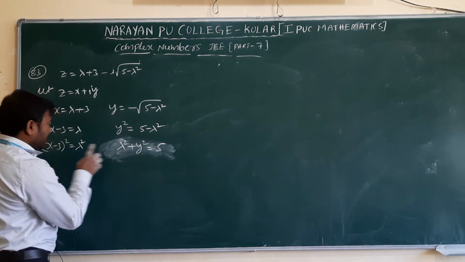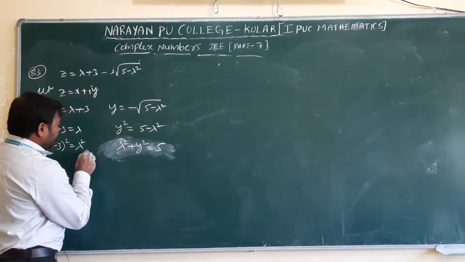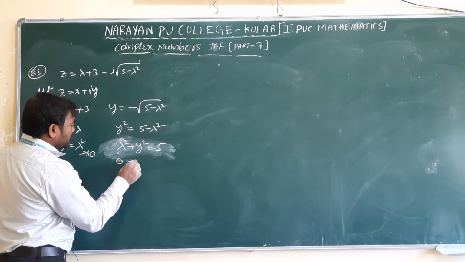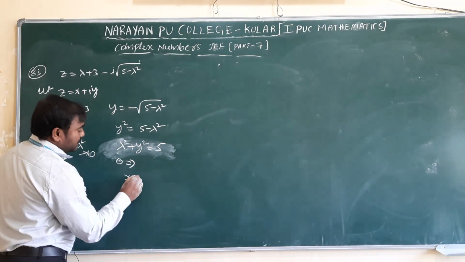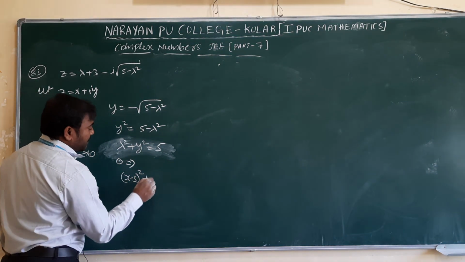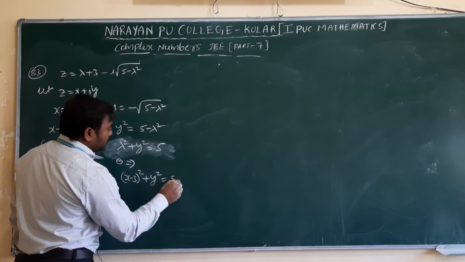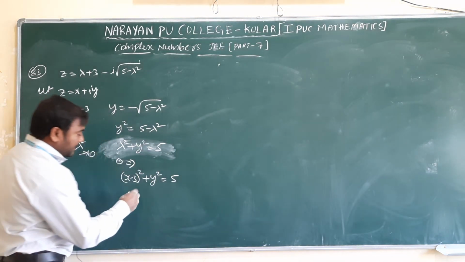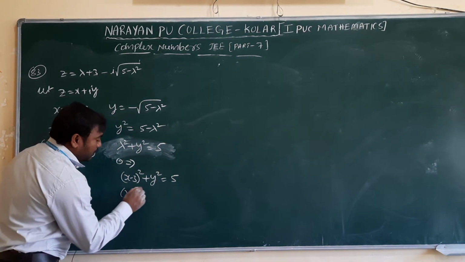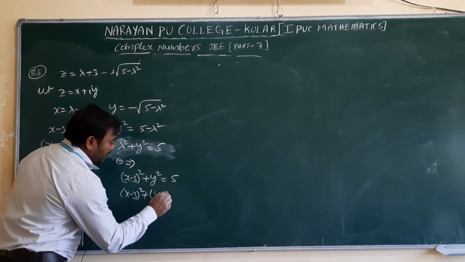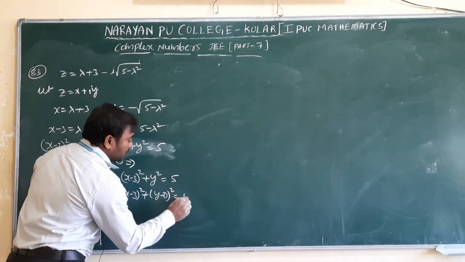But we know lambda square is x minus 3 whole square from the first equation. So it becomes x minus 3 whole square plus y square is equal to 5. It can also be written as x minus 3 whole square plus y minus 0 whole square is equal to square root of 5 whole square.